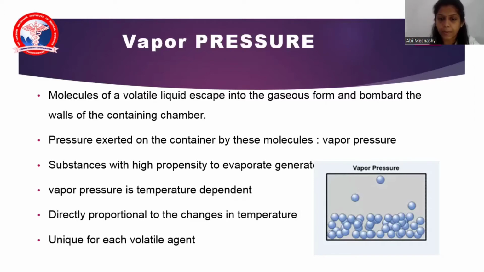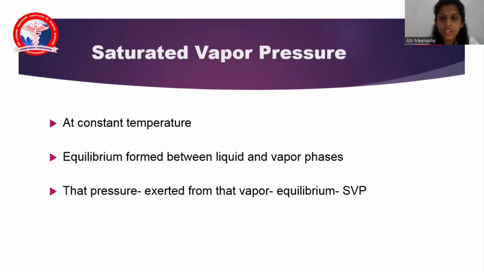I told you that. Saturated vapor pressure. Saturated vapor pressure is a vapor pressure at a constant temperature where there is equilibrium developed between the liquid and vapor phases. There is an equal amount of liquid and vapor phases, 50% liquid and 50% vapor.